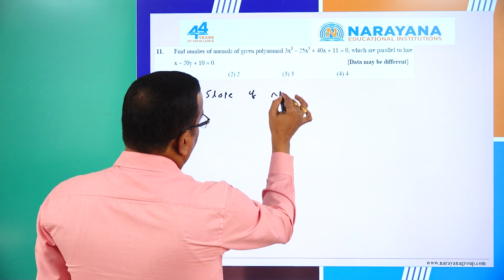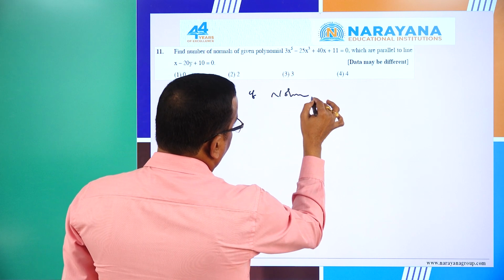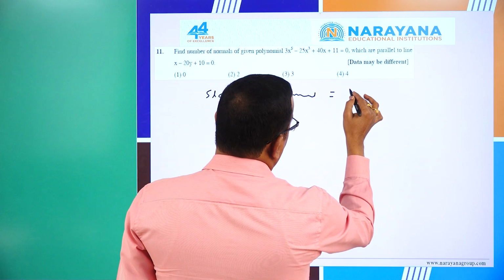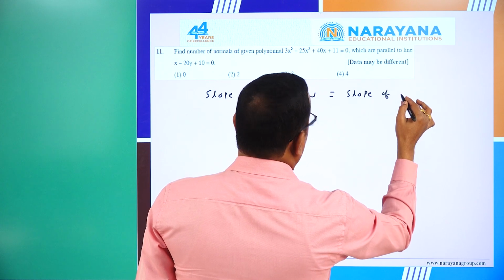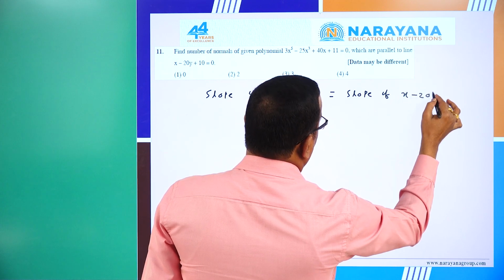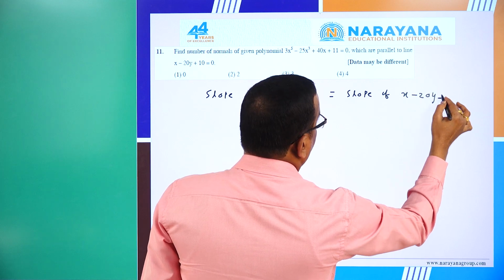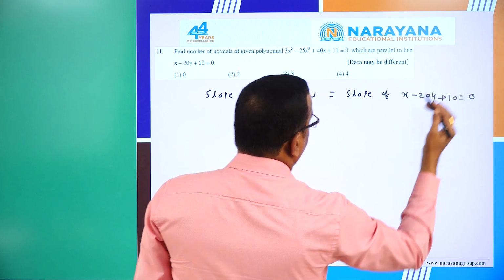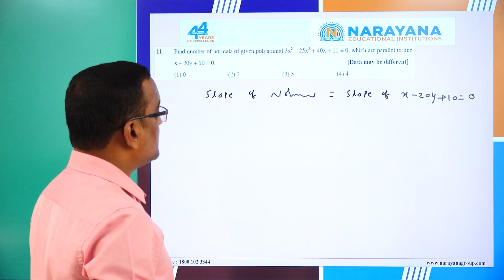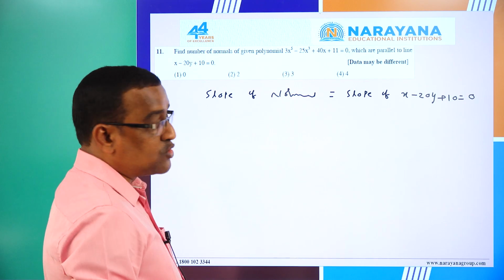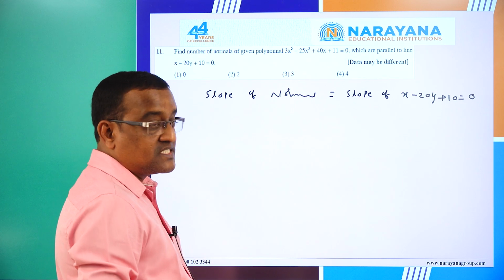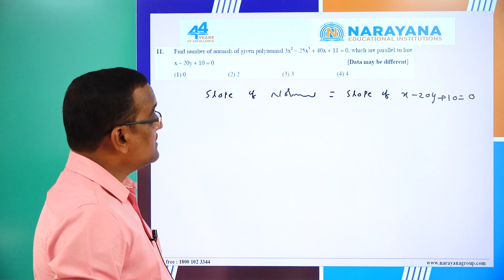Slope of normal is equal to slope of the given line, that is x minus 20y plus 10 is equal to 0. Slope of the normal is minus dx by dy.